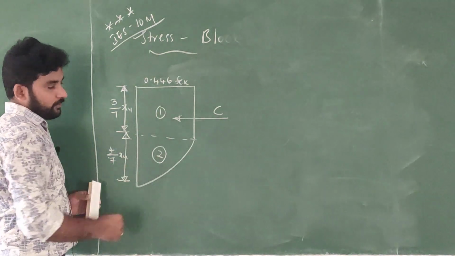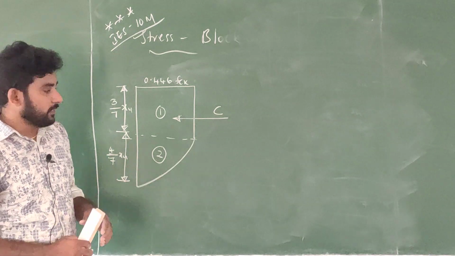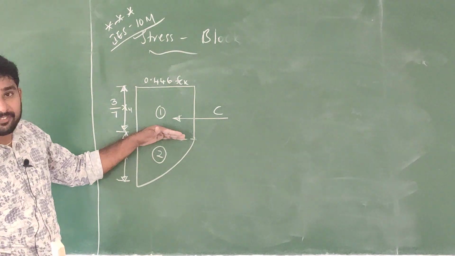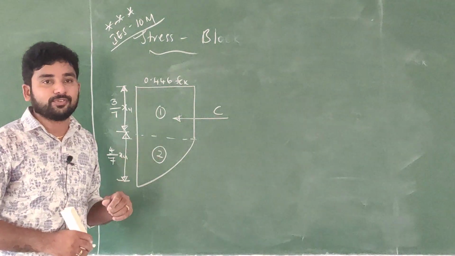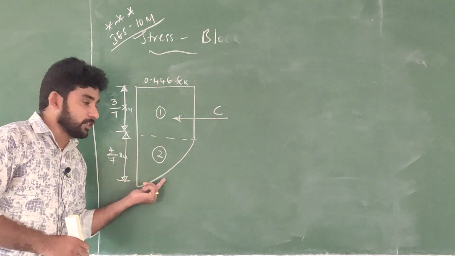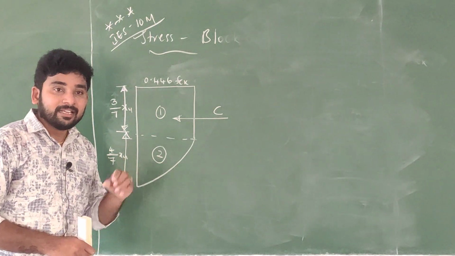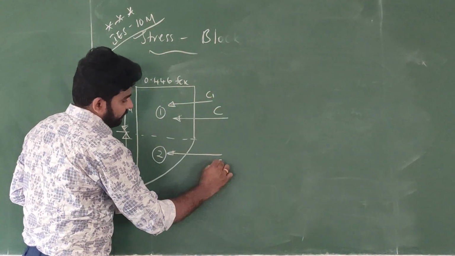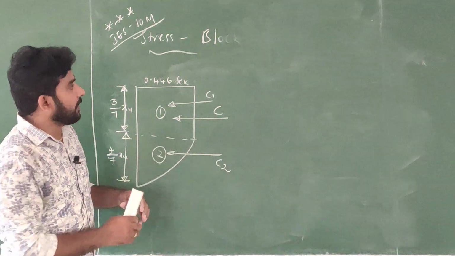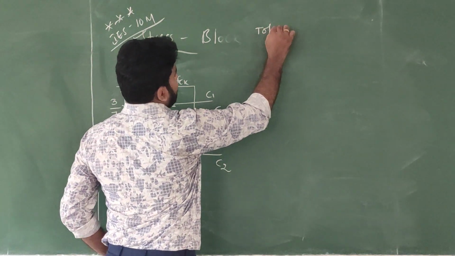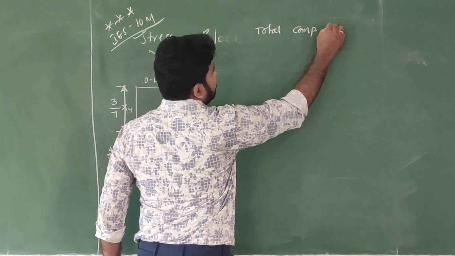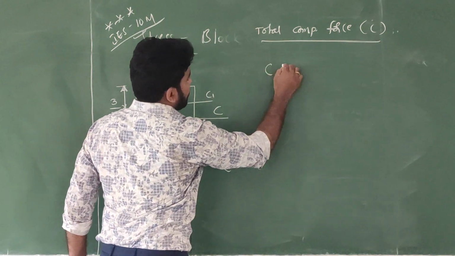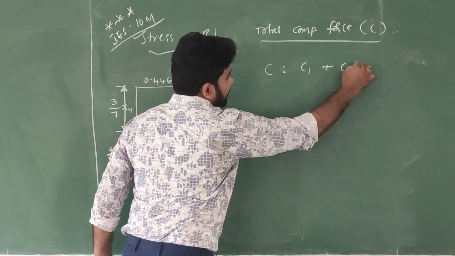So I am dividing the entire compressive force into 2 parts: one for the rectangular portion and one for the parabola portion, which I am assuming as C1 and C2. Total compressive force C equals C1 plus C2.